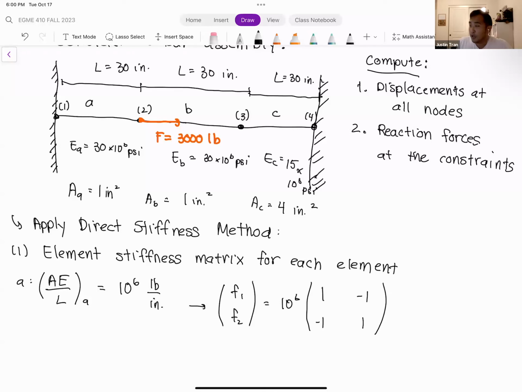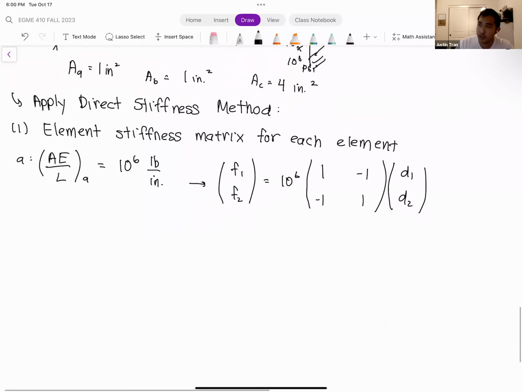The matrix itself is 1, minus 1, minus 1, 1, multiplied by its displacement vector d1, d2. Pretty straightforward. The important thing for the element stiffness matrix is that you indicate which nodes the element is connected to.